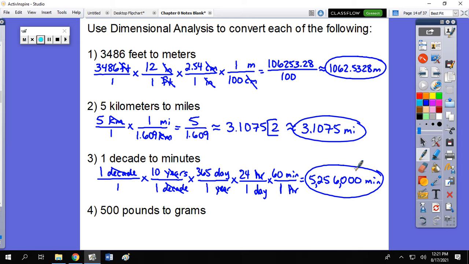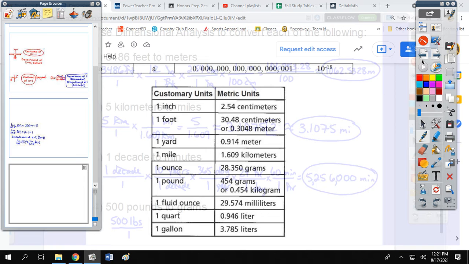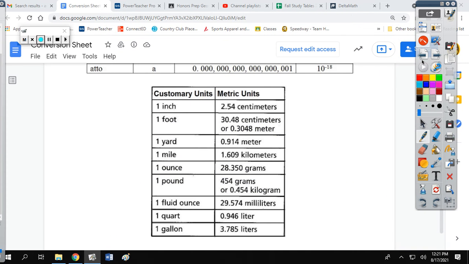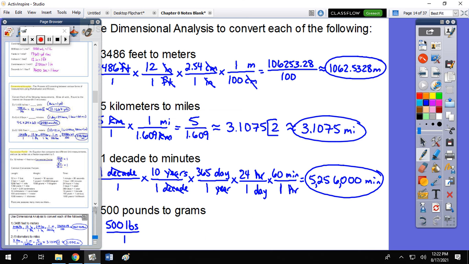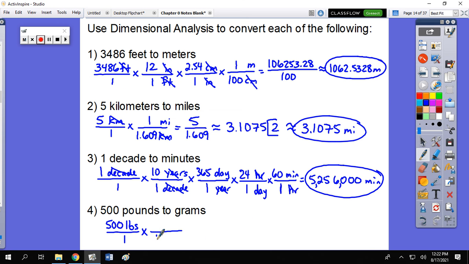Okay, finally, 500 pounds to grams. So again, we're going to go back to that science chart. Pounds into grams. There we go. 1 pound is 454 grams.